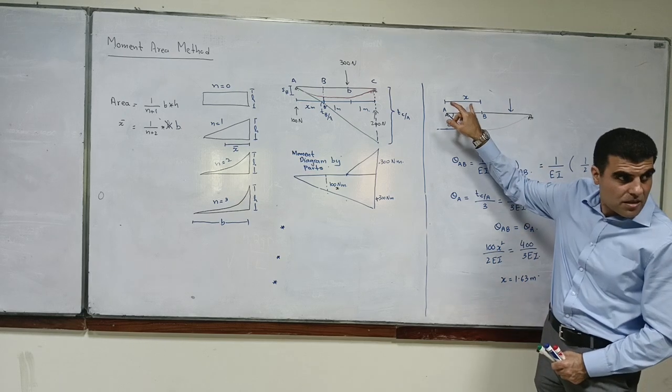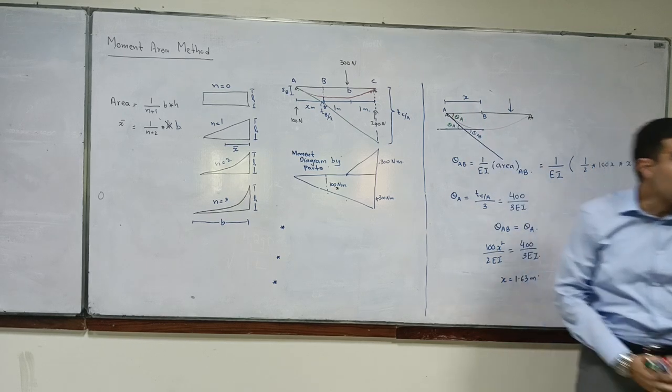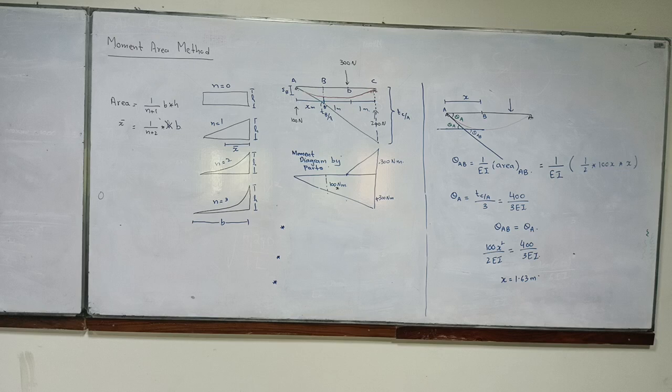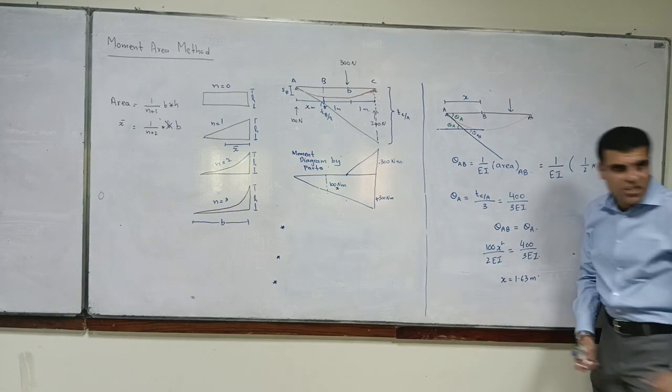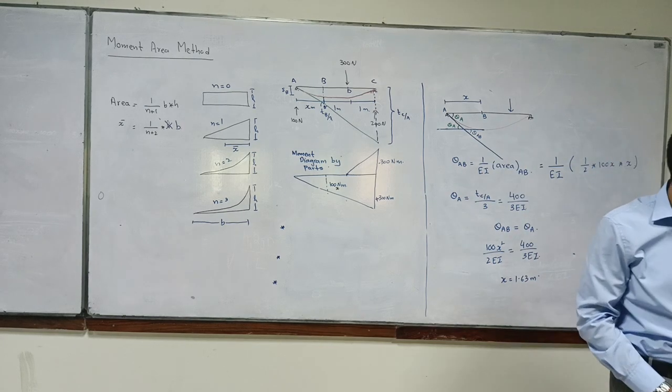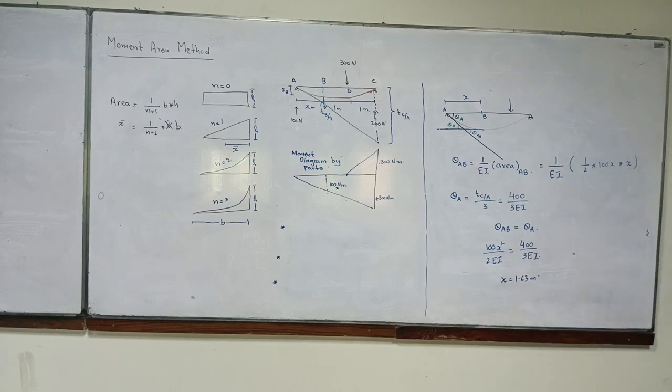It is a distance. This is the distance from the support, and at this particular distance, we are assuming that we have maximum deflection. So B point, I'm saying that this is just one point. You can call it anything. You don't know the distance between A and B, because we don't know where the maximum deflection is occurring.